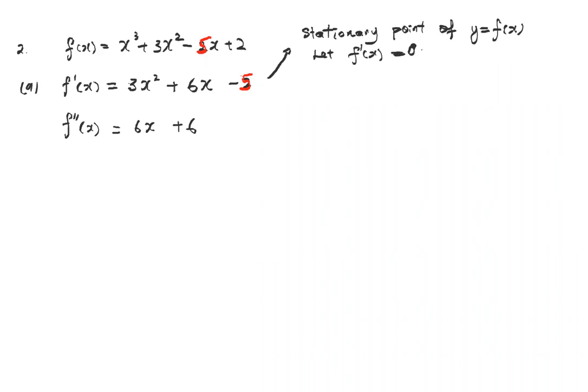So I will write 3x squared plus 6x minus 5 equal to 0. I can get this answer from my scientific calculator. But if the question wants exact value, I have no choice but to use the formula. So be very careful when you read the question.